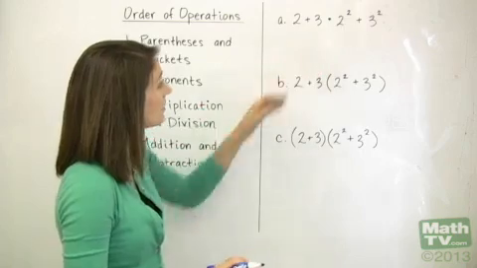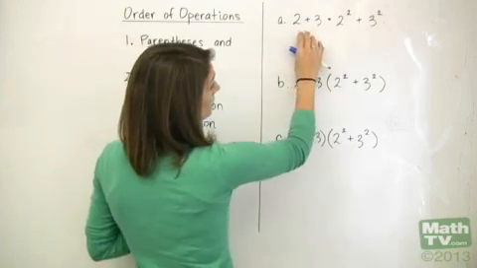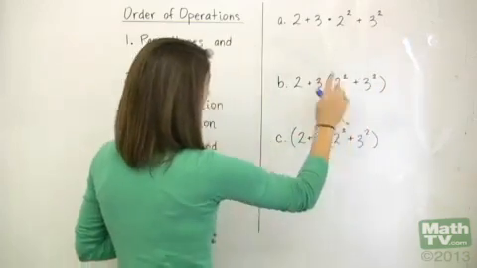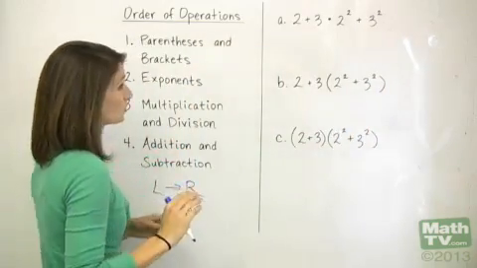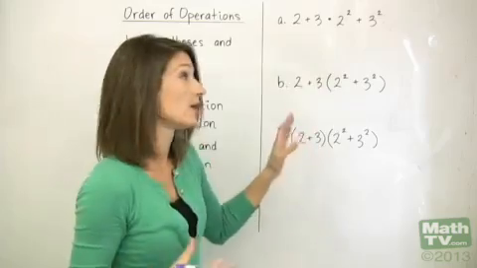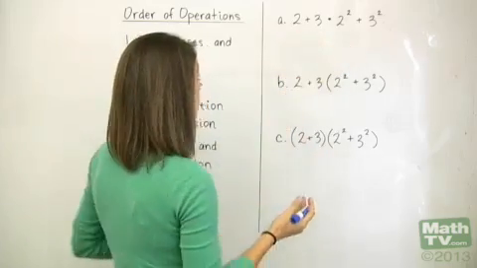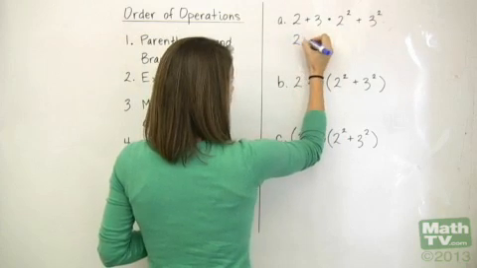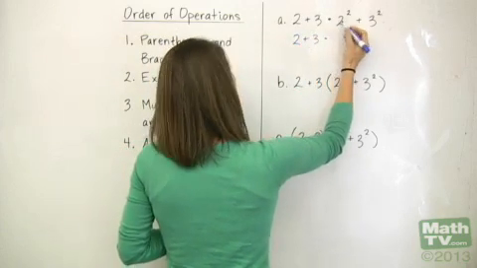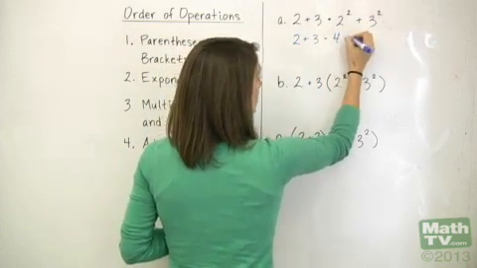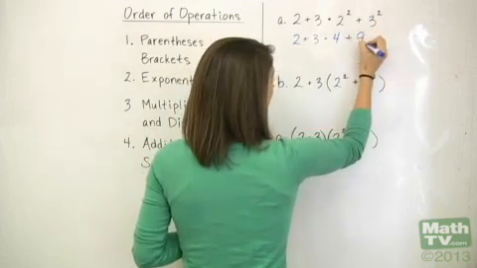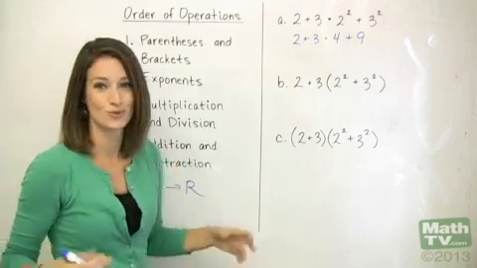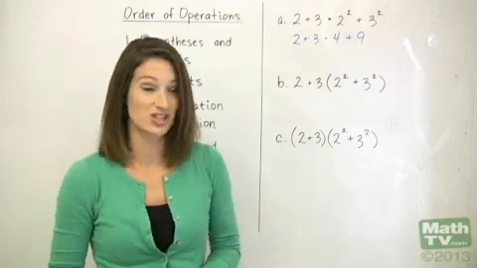So first let's try this problem here. We have 2 plus 3 times 2 squared plus 3 squared. Now, working with our order of operations, we're looking for parentheses first. Now, in this problem, there are none, so we're going to move on to our second step, which is working our exponents. So we have 2 plus 3 times 2 squared is 4, plus 3 squared is 9. Now we can move on to our third step in the order of operations, which is working the multiplication and the division.